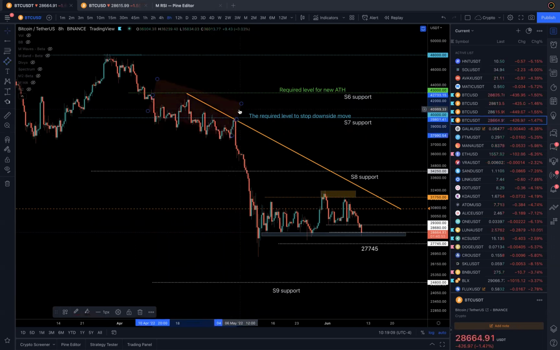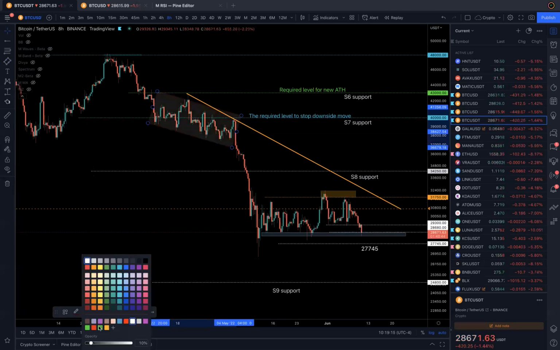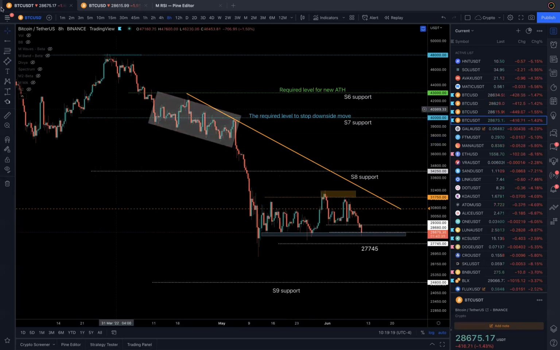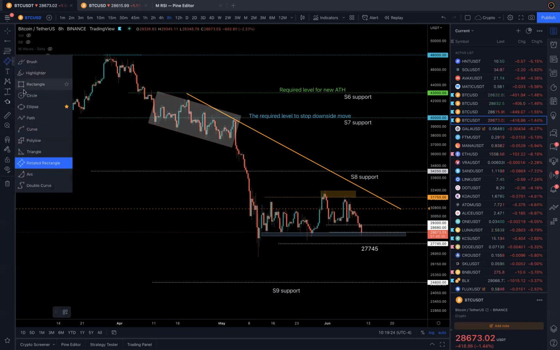And this one is different. It's more horizontal in nature.